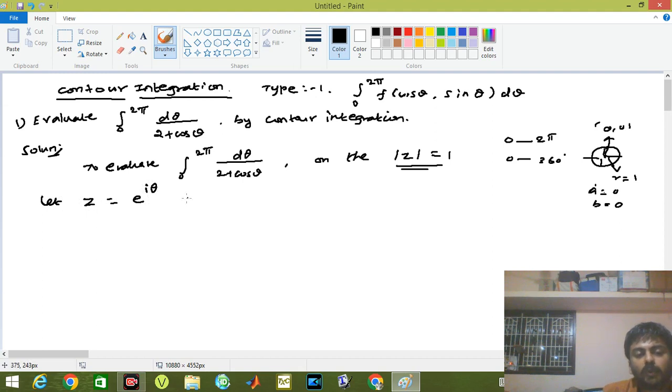Then on differentiation we get dz equal to i e power i theta d theta, that is equal to i z d theta. It implies d theta equal to dz divided by iz.